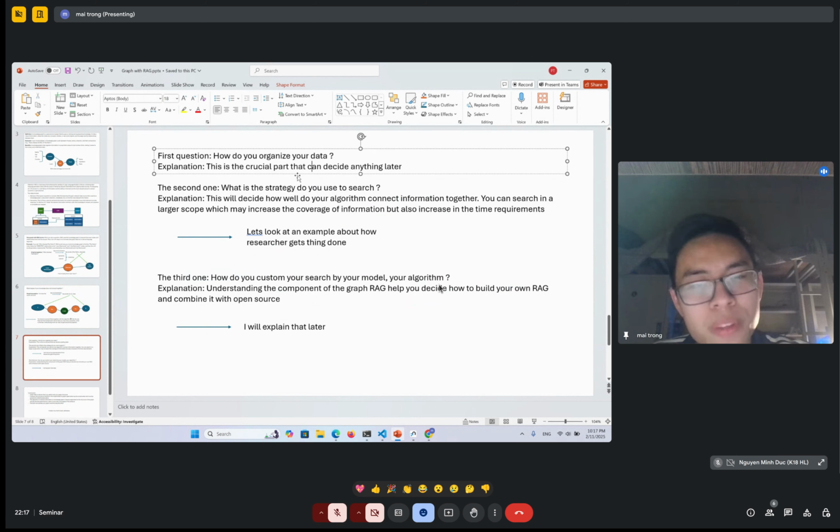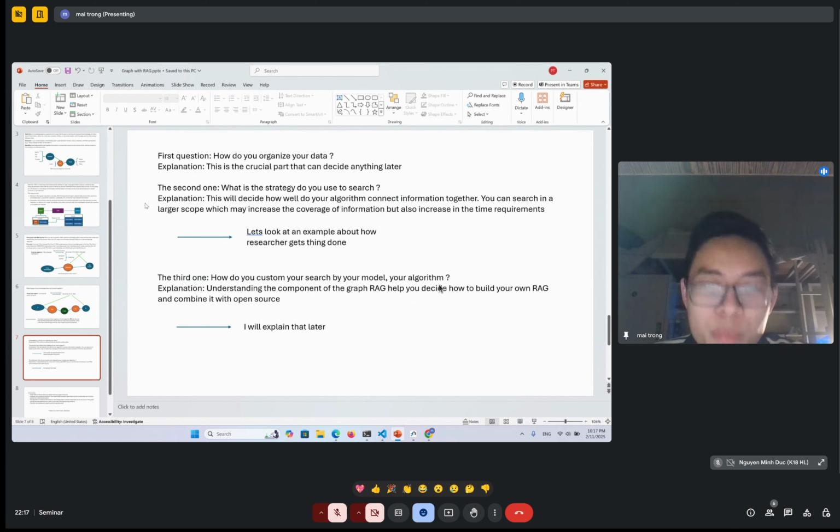So let's assume that you have your knowledge graph, or a normal graph. What's the next thing? What is your methodology to search? What are your strategies? You can use a lot of algorithms to connect things or not.